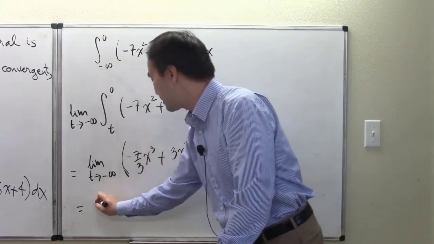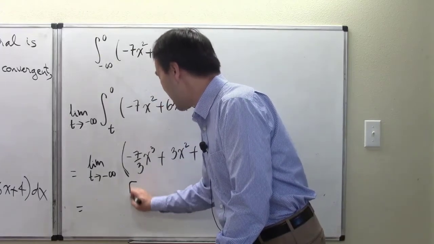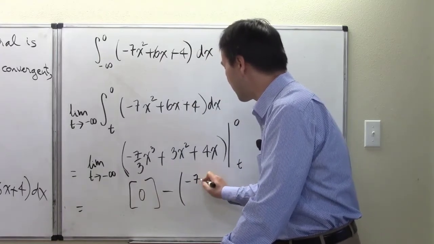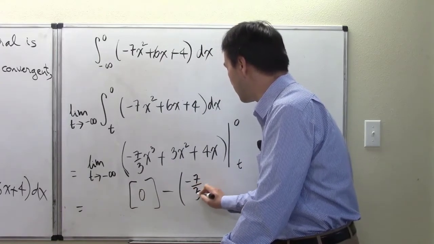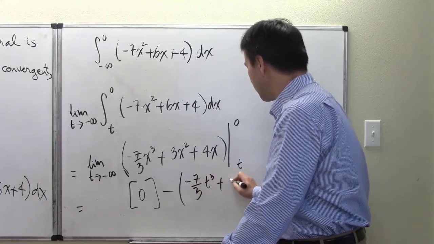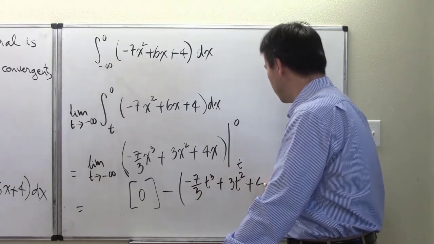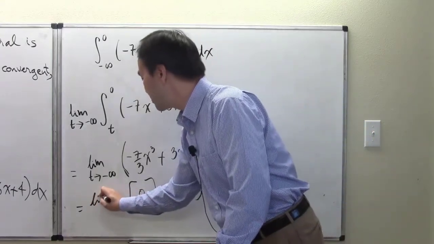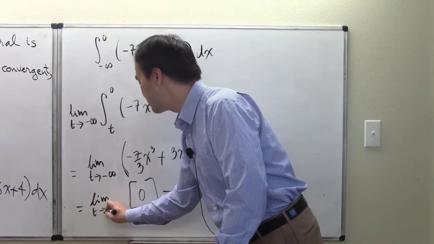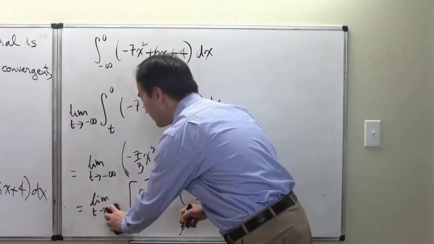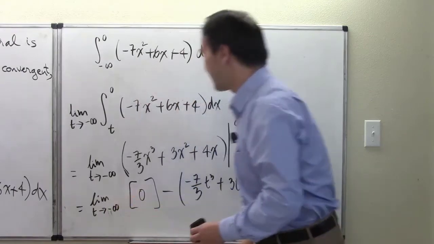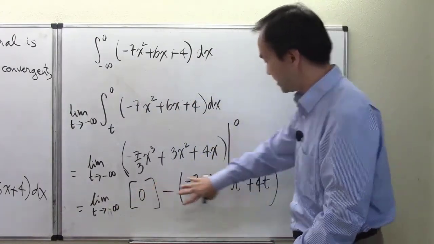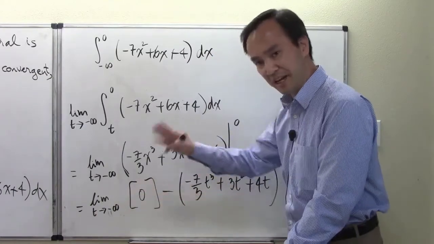So that means we're looking at 0 out, okay, subtract, and now I have a polynomial minus 7/3 t cubed plus 3t squared plus 4t. Okay, and then overall it must be a limit problem as t approaches negative infinity. I'm running a little short in space, so allow me to erase this quick step right here and use that for my next step down right here.